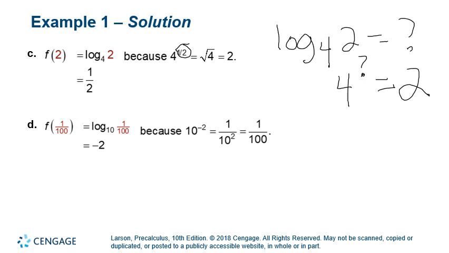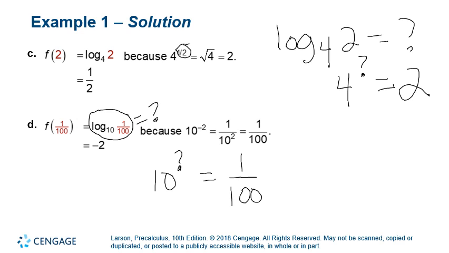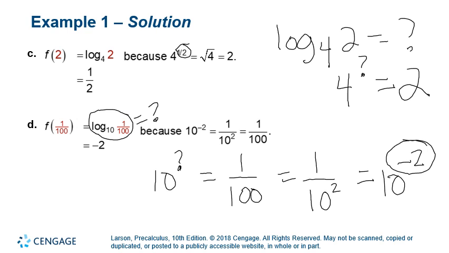Here we have log base 10 of 1/100. So I'm going to say 10 to what power gives me 1/100? Well, I can rewrite 1/100 as 1/10 squared, which is equal to 10 to the -2 power. And that's where they're getting that from.